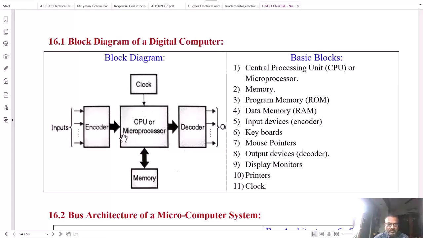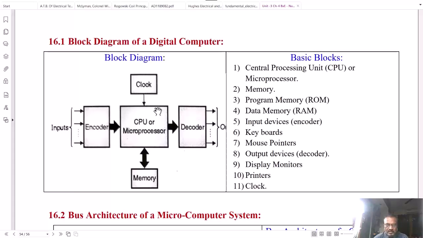For performing the operation, the CPU will be under the control of the user program. So the CPU has the capability to understand the user instructions. Those are given in the form of digital inputs.